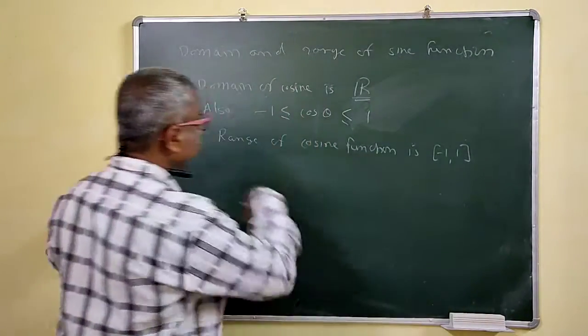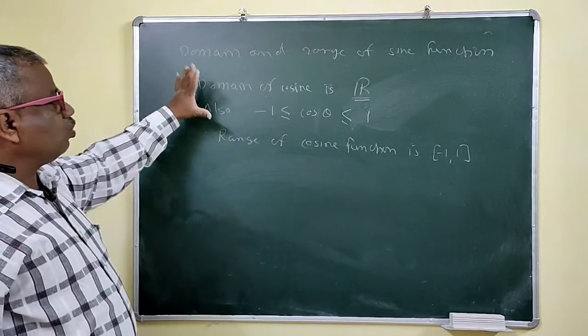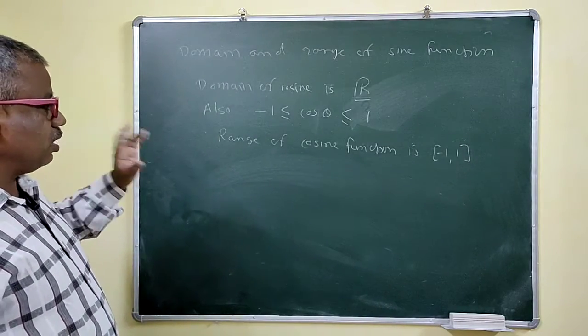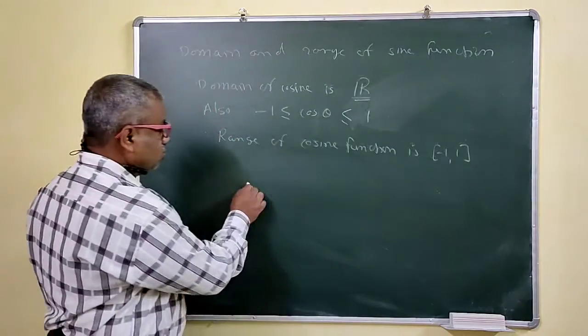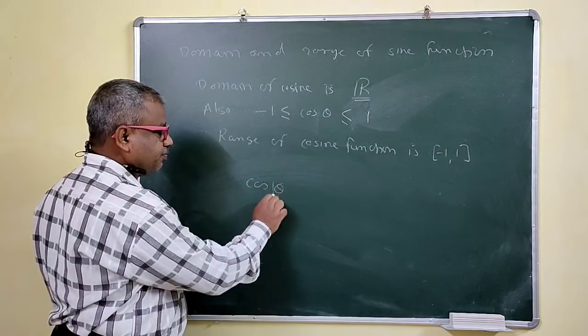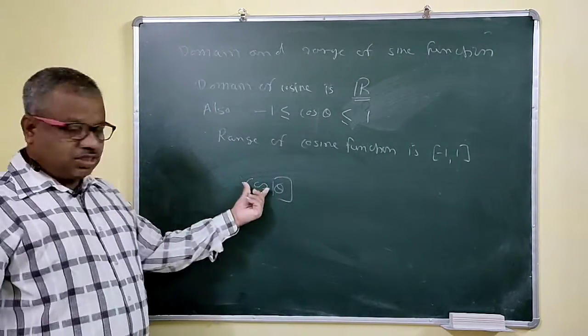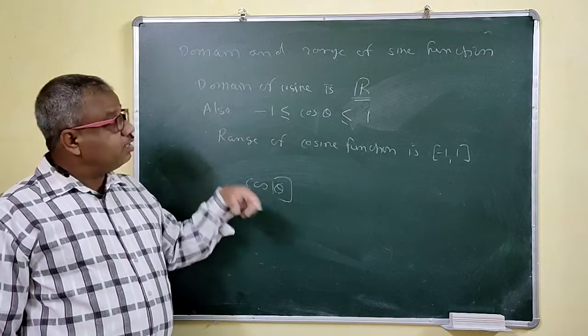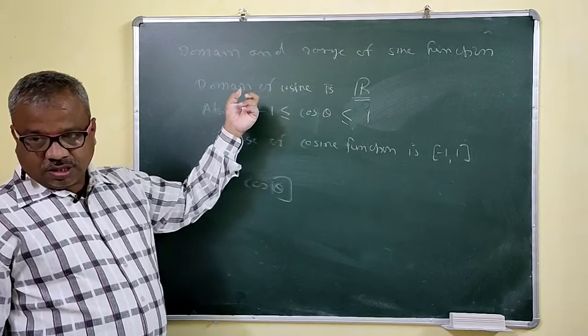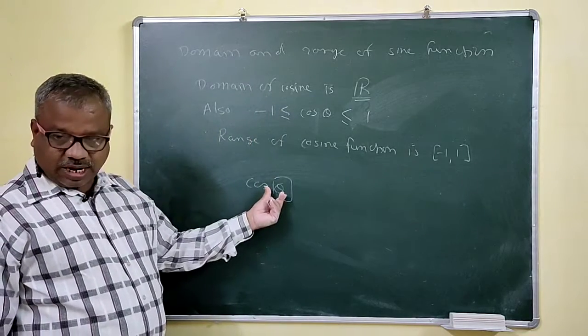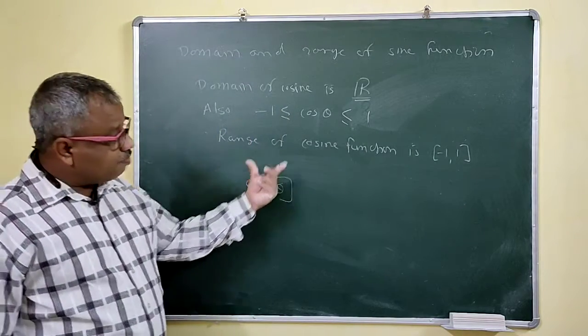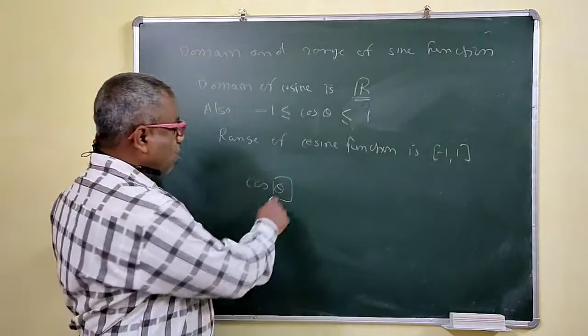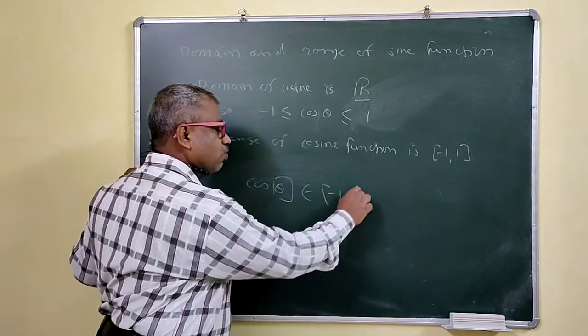Now this is the important thing, domain and range. Suppose you have cos theta. You are applying the cos function on theta. So theta is in the domain. Once you apply cos on theta, we get a number. That number is in the range. Now cos theta belongs to minus 1, 1.